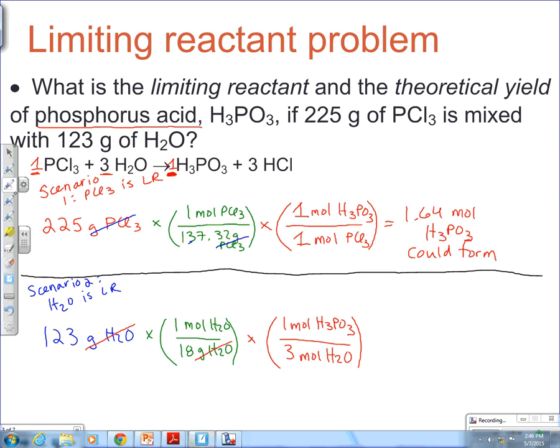It takes more moles of water to form each mole of phosphorus acid. So what we do is into our calculators, we will type 123 divided by 18, and then we will also divide that by 3. And the answer is 2.28 moles of H3PO3 could form.